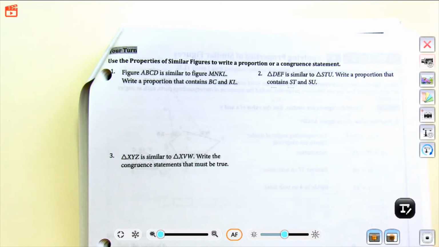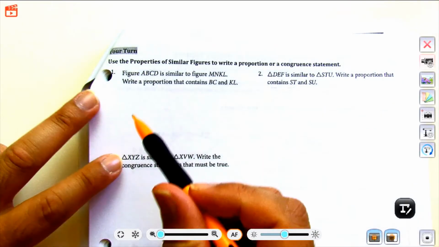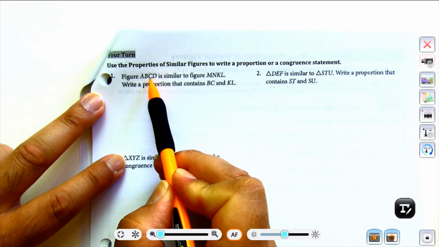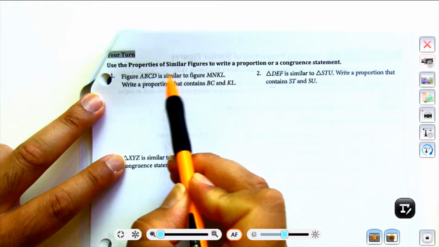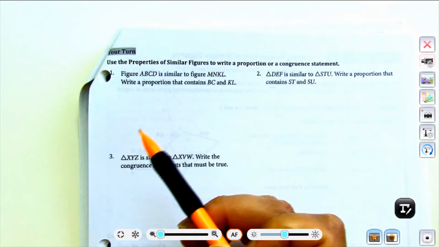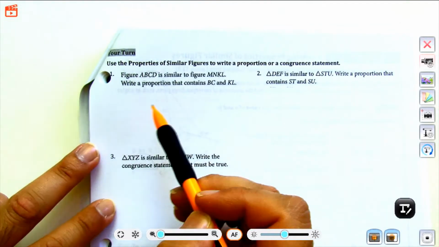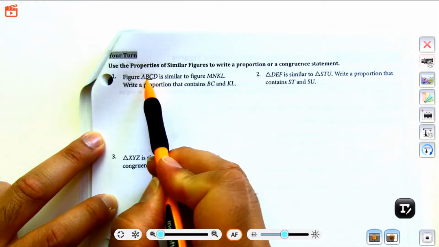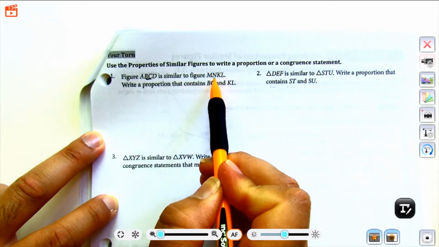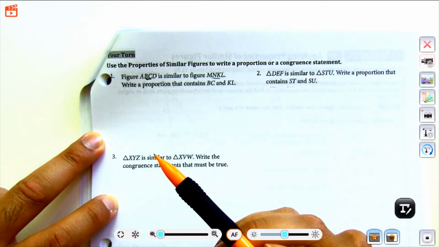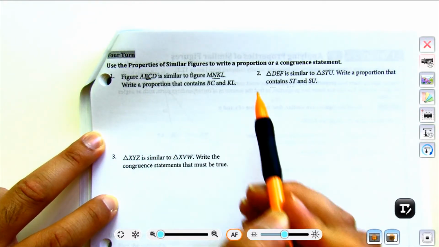Now we don't have the figures drawn, but one thing that we know is that A corresponds to M, B corresponds to N, C corresponds to K, and then D corresponds to L. So they want us to create a proportion that contains BC and KL. So we want BC. Now if we have BC, then we're going to need NK, because BC is proportional to NK. And if we want KL, we're going to need CD.